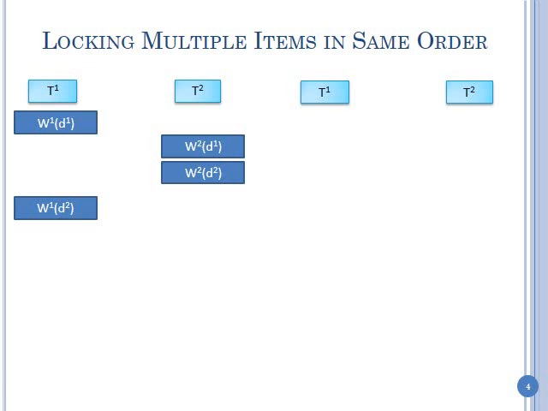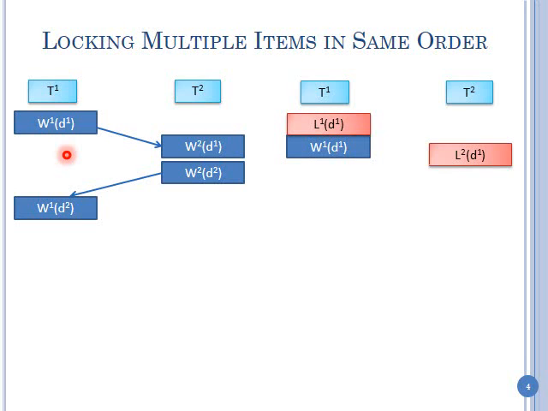Now what's going to happen with locking? This is going to request a lock for item 1, and this transaction will have to wait for that to finish. So it has to wait. At some point it's going to release. So let's just follow. It locks this, writes it, waits, frees it.